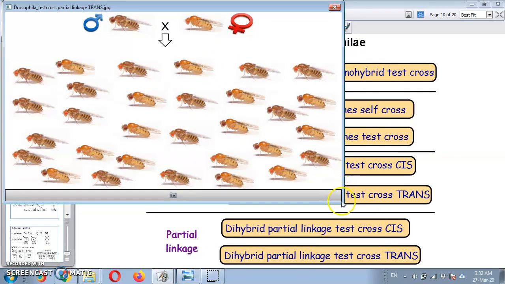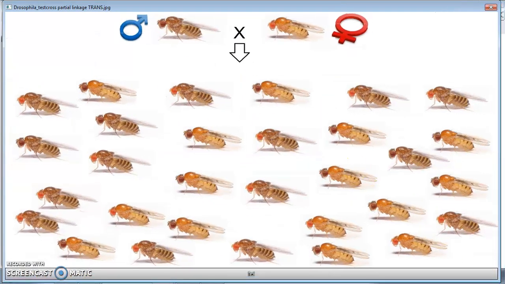Now, concerning the case of test cross partial linkage in transposition, in this case a hybrid Drosophila is being crossed with a birecessive one, but the four unequal proportions in the Drosophila will be such that the highest percentages will have one dominant and another recessive allele linked in the same proportion of the offsprings of the high frequency.